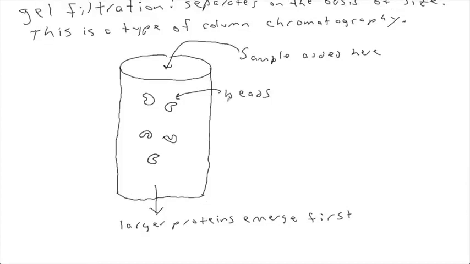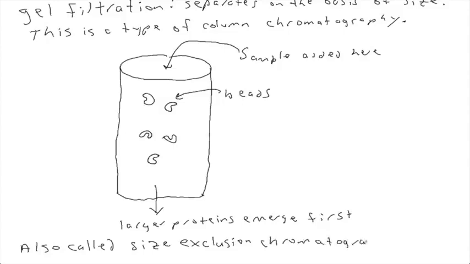Do you remember there's another common name for gel filtration? Is it chromatography? Well, it's a type of chromatography, but there's a specific name for this. This is also called size exclusion chromatography. Why is that a logical name?